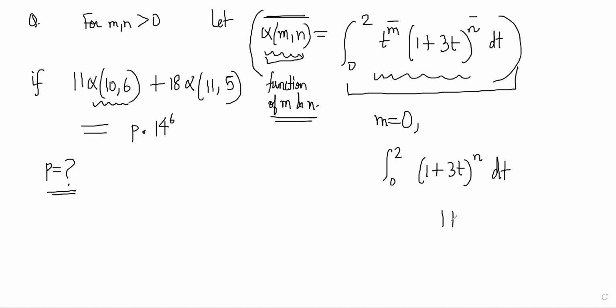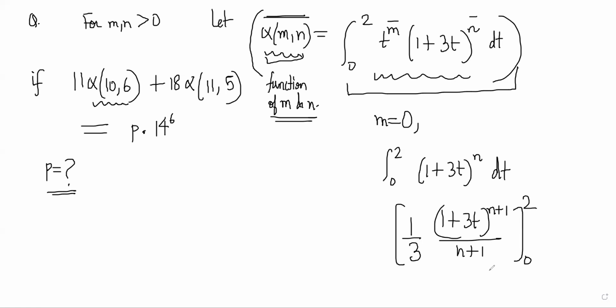We can substitute, using substitution, 3t as. This is the thing. I got it. I got it. Is this what is coming? Yeah. So what is the answer coming now? If you put the 2 and the 0, everything, what will come? It will be t is 2, so it will be 7, 2, 6, 7 power n plus 1 by 3 into 3, so 9, minus, when t is 0, you will get 1 by 3, right?